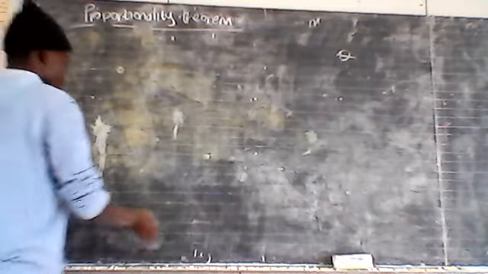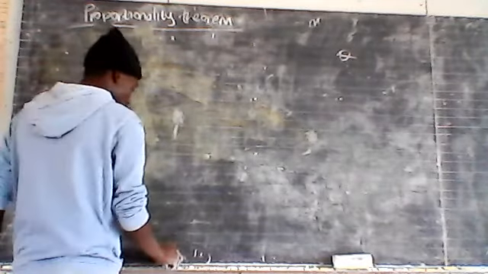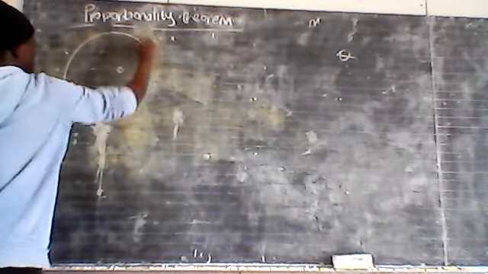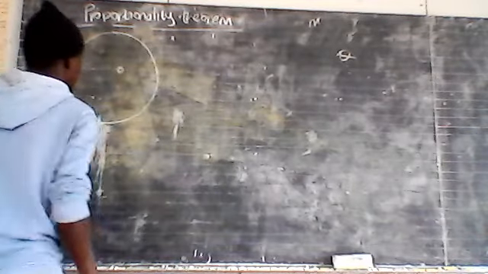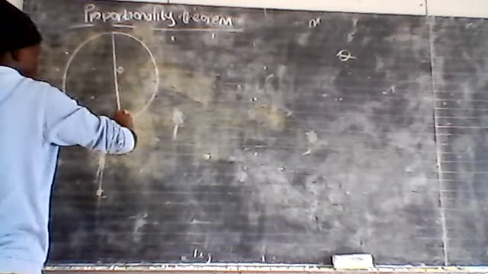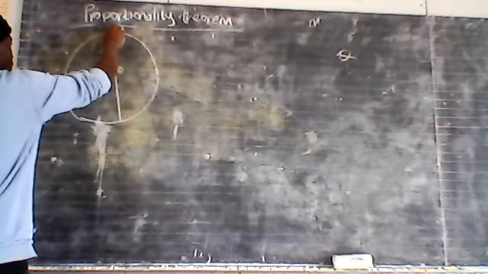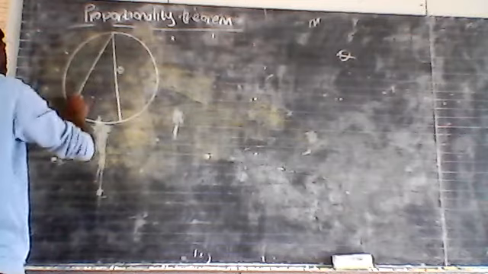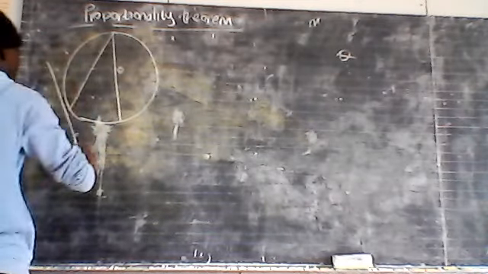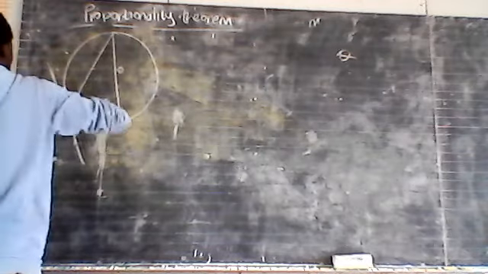It's a pity I'm not having any examples, but I want to come to one special thing you will find maybe hard at times in this topic. So say for instance we are having a triangle.